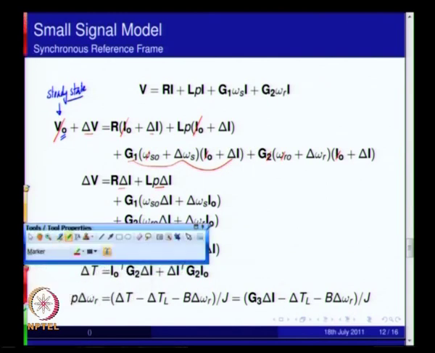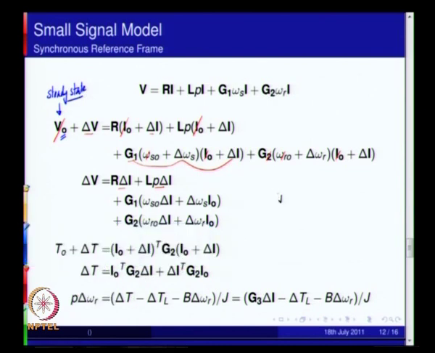And you have the mechanical equation. The mechanical equation is nothing but J times d omega by dt equals the generated electromagnetic torque minus the load torque minus perhaps B into omega, and therefore this can be written as J into d by dt of omega naught plus delta omega equals T plus delta T minus TL naught minus delta TL minus B omega naught minus B delta omega.